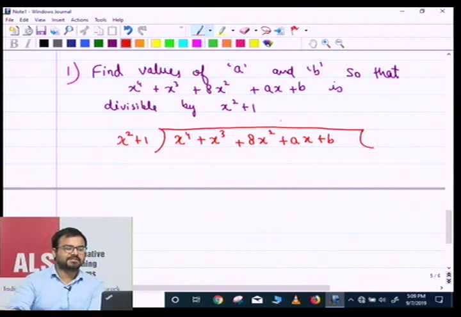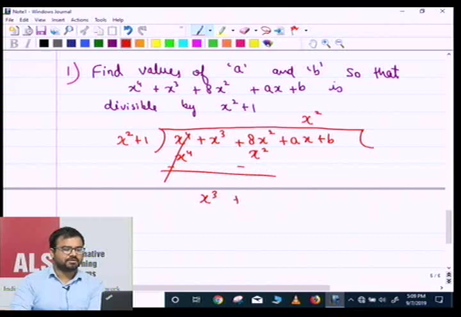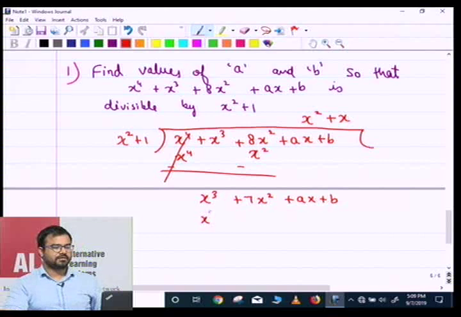When we divide by x square, multiplying by x square, it will become x power 4 plus x square, or write it over here. Subtracting, this will get cancelled out, so we will be left with x cube plus 7x square plus ax plus b. Now multiply with x, it will become x cube plus x.